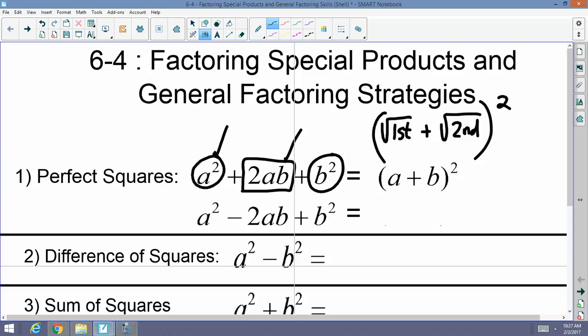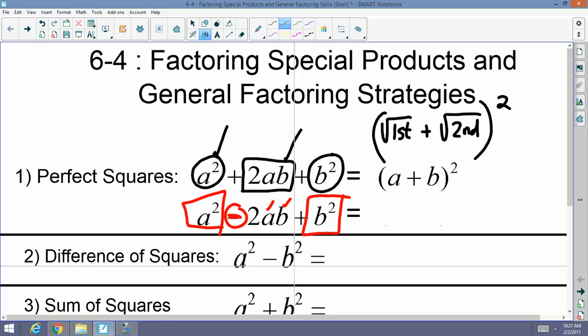The same exact format can happen, but you can have a negative. It's going to be the same exact format when it's a perfect square trinomial. My first term will be a perfect square, but this time minus 2 times the square root of the first term times the square root of the second term, plus my last term is also going to be squared.